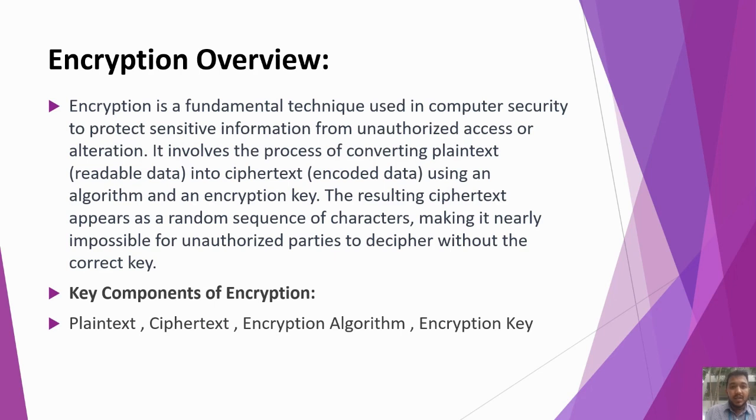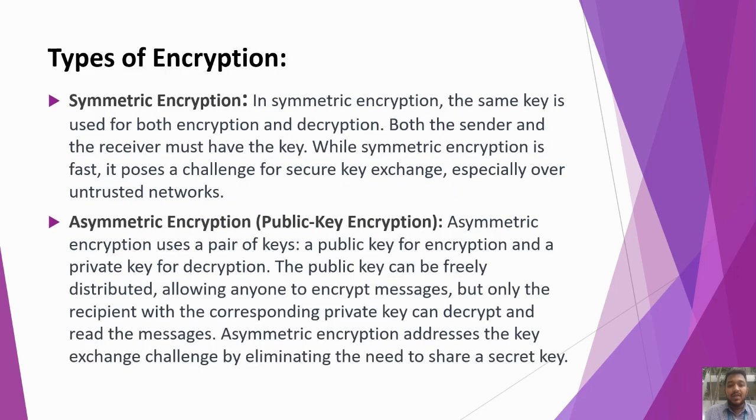The resulting ciphertext appears as a random sequence of characters, making it nearly impossible for unauthorized parties to decipher without the correct key. The key components of encryption are plaintext, ciphertext, encryption algorithm, and encryption key. The types of encryption are symmetric encryption and asymmetric encryption, also called public key encryption.